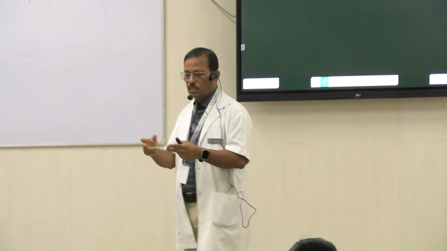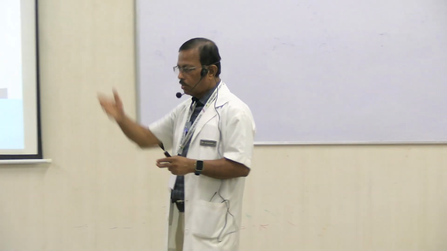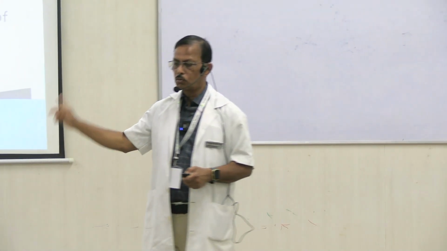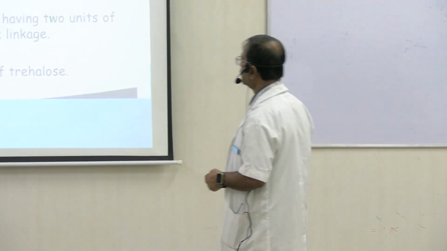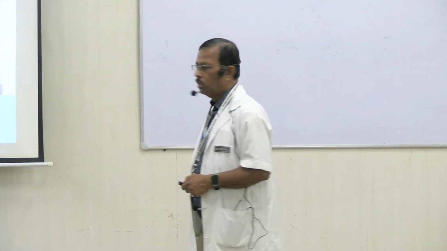So when one branch is hydrolyzed, it will ultimately release one molecule of isomaltose. It is like maltose, but the bond is different, that's why it is called isomaltose.